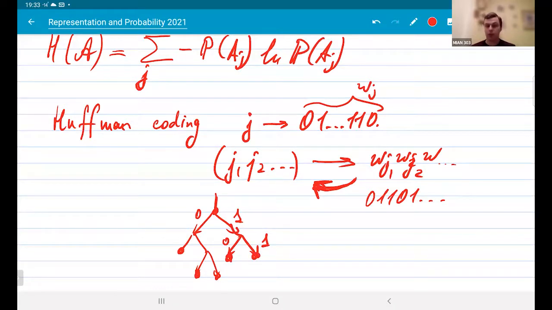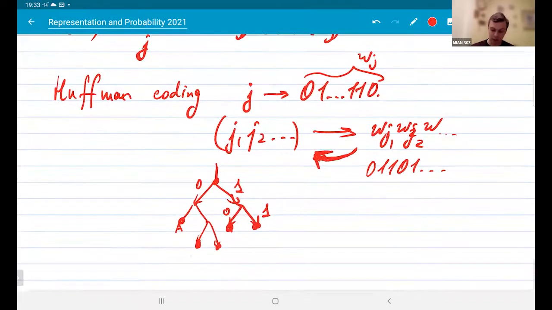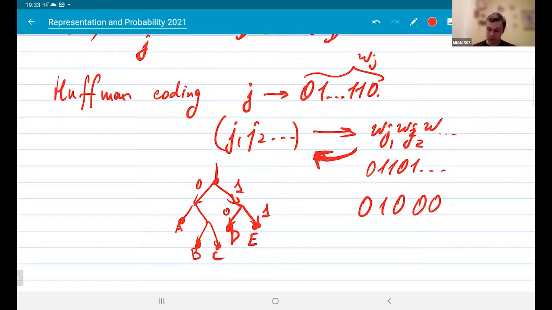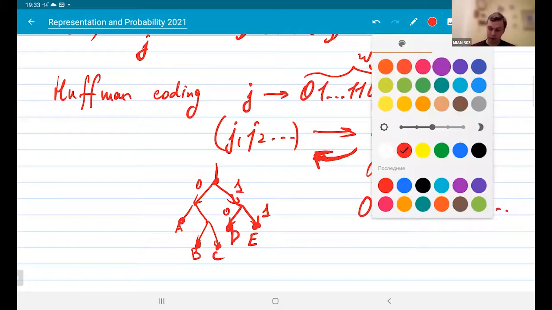So this is a code, and here are my letters A, B, C, D, E. For example, if I see 0, 1, 0, 0, 0, 1, 0, and so on, I should go like this.